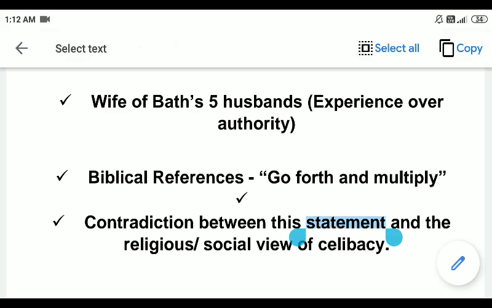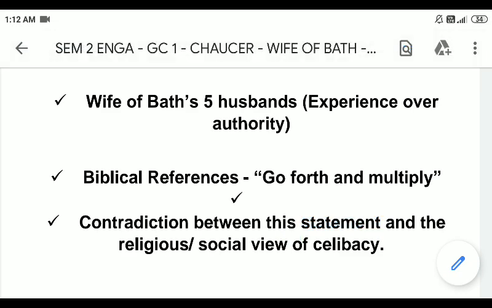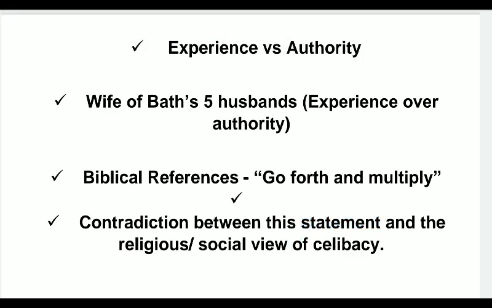And we have that from the very first section itself, because there are many biblical references that Wife of Bath brings about while discussing this experience versus authority thing. And she kind of looks for religious validation of the fact that she has been married 5 times.